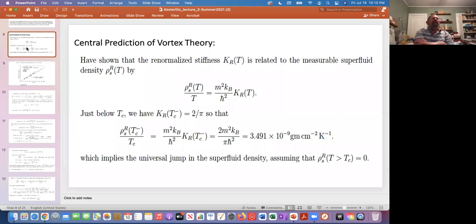We're a bit far from that, because the initial assumption or guess is that I can describe the long distance behavior, which is what we're interested in, in terms of a theory which involves only spin waves and vortices.